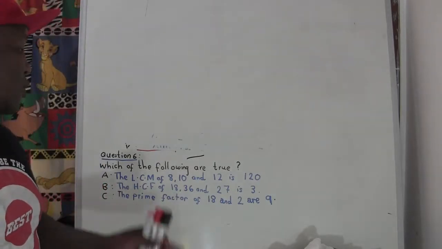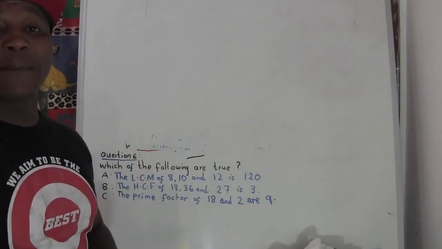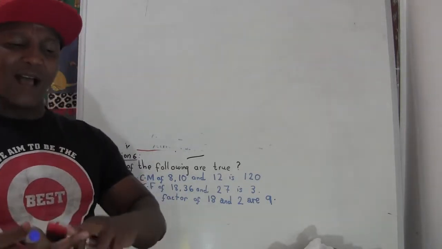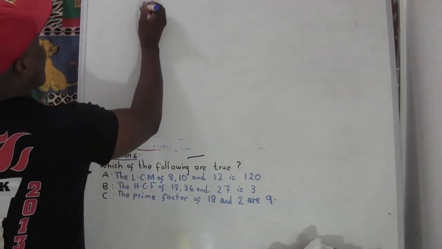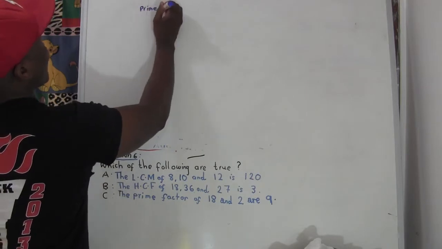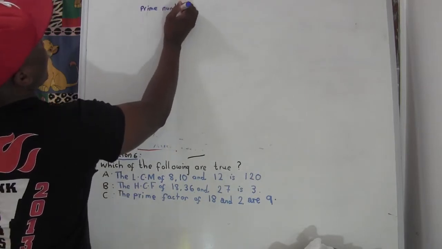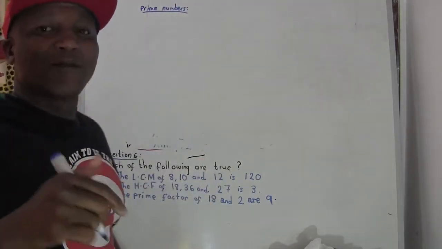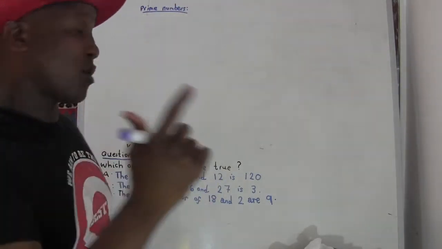So first and foremost, for you to do this, you need to know something called prime numbers. Let me write some. You need to know this, brother and sister. Prime numbers are numbers that are only divisible by itself and 1.